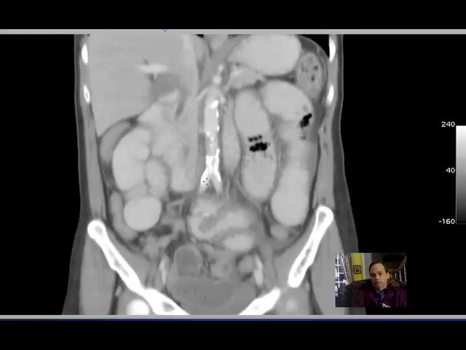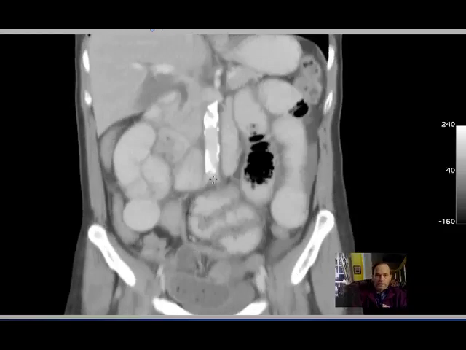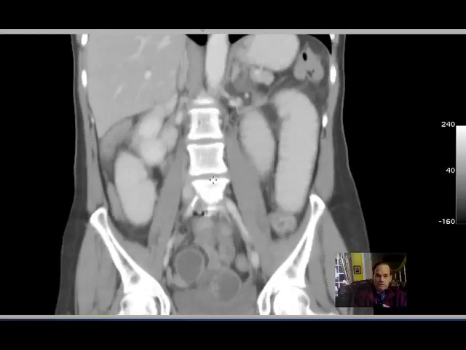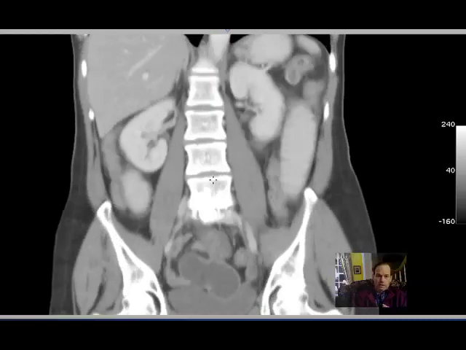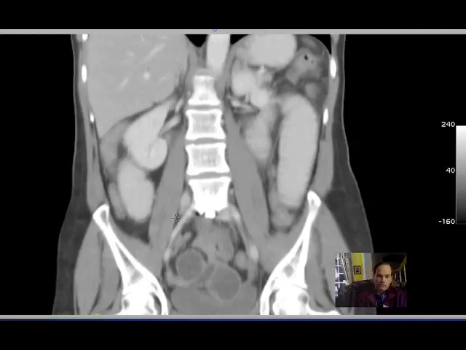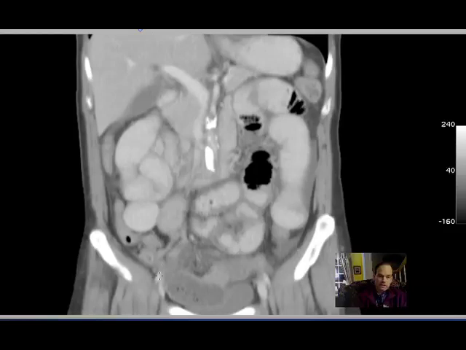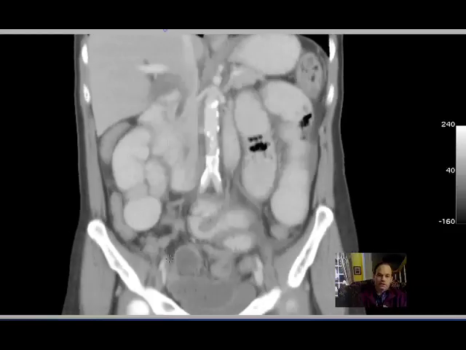And what vessels would these be? At the aortic bifurcation, the common iliac artery. And what is the continuation of the common iliac artery if you go off toward the femoral artery? Let's see if we can see that. Yes, that would be this length, and that would be the external iliac artery.